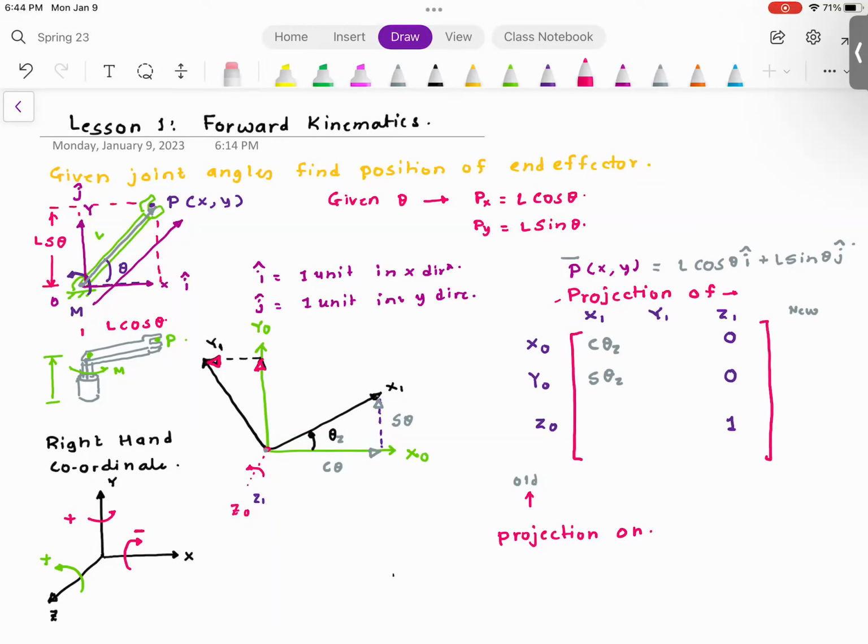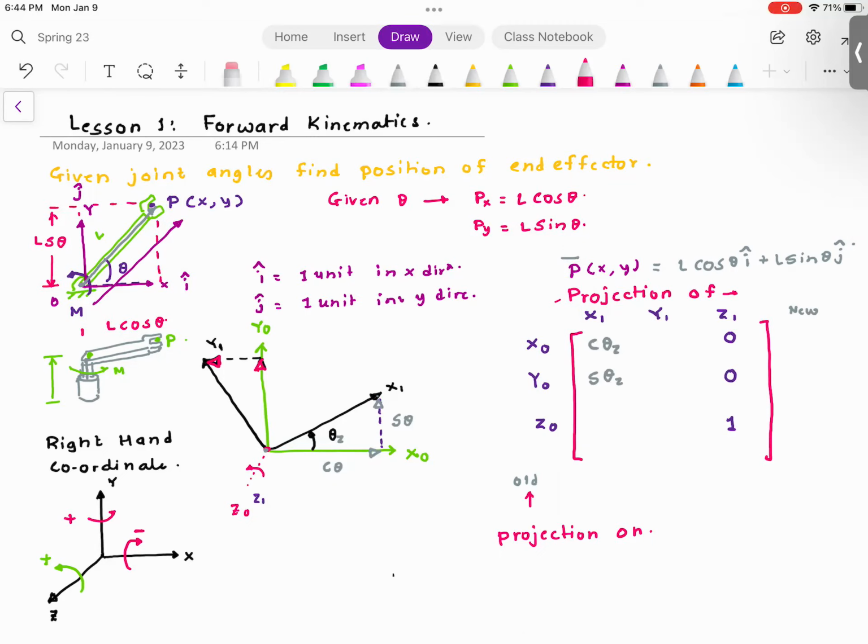First, I will have to go Y0, the projection of Y1. Projection of Y1 on Y0 is again cosine theta, but in the positive direction. But the projection of Y1 on X0 is minus sine theta.